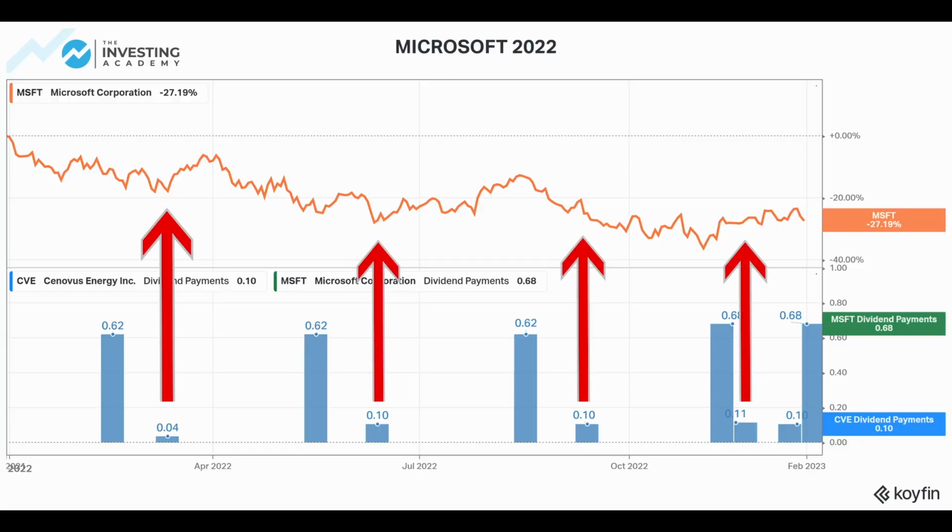So you're going to get an automatic imbalance there. But it even becomes worse, of course, because you're going to be putting more and more money into that Cenovus, as we just talked about, as it goes along during the course of the year. To simply take the cash flow from the dividends and redeploy those to Microsoft instead of that Cenovus is going to achieve much better results, at least when it comes to keeping the portfolio balanced.